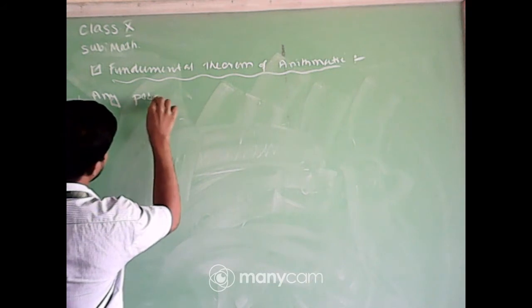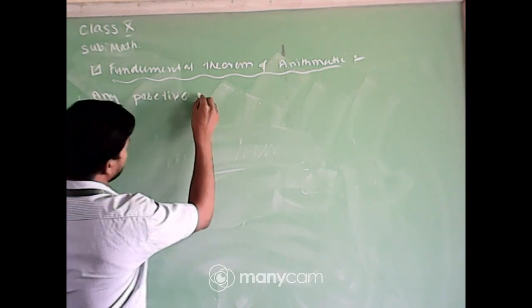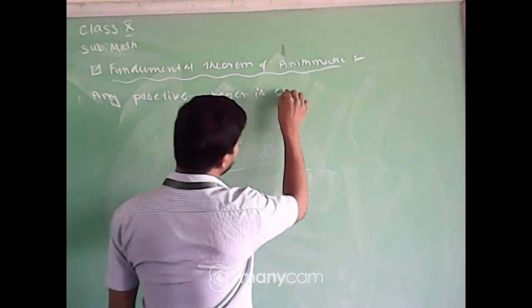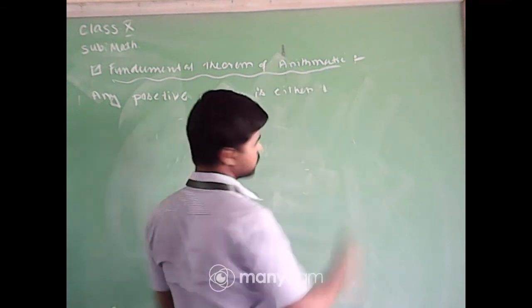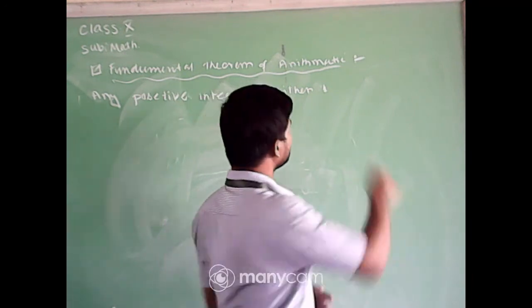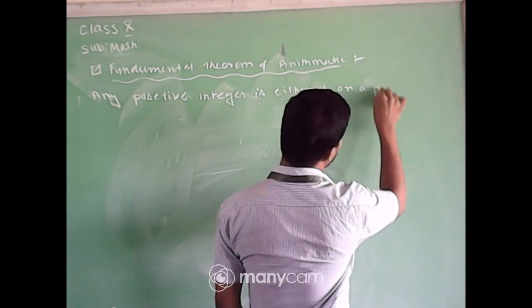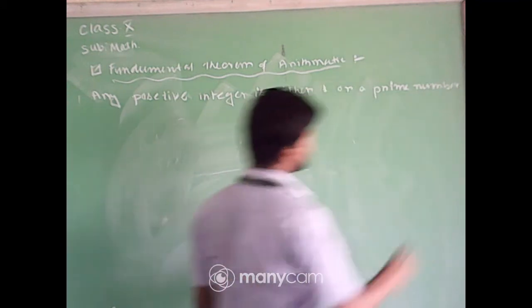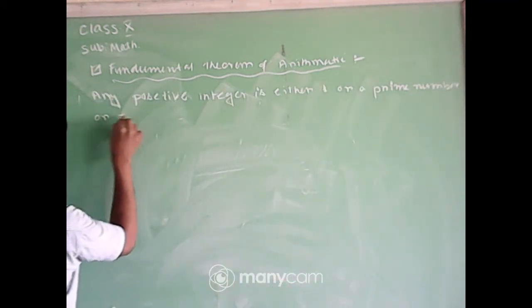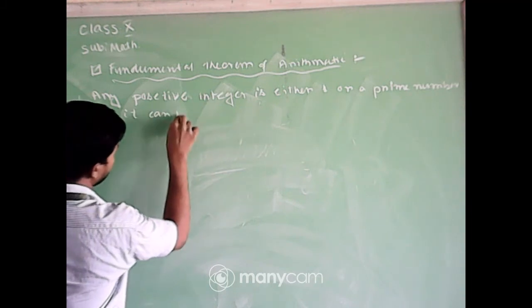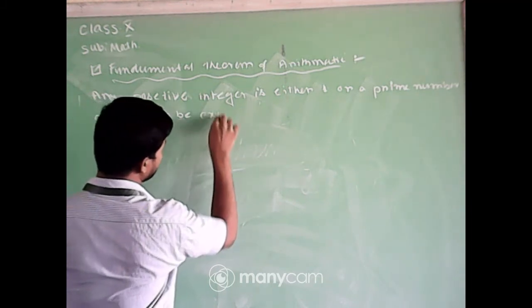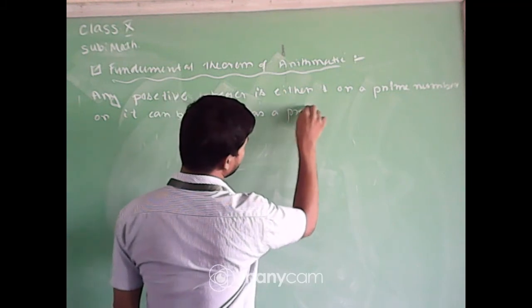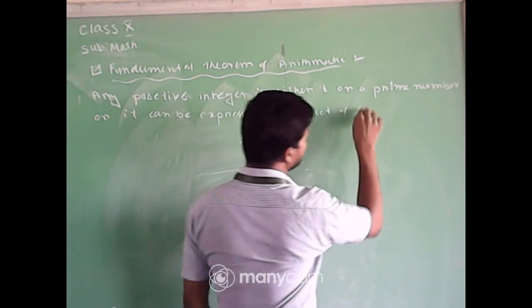any positive integer is either one or a prime number, or it can be expressed as a product of primes.